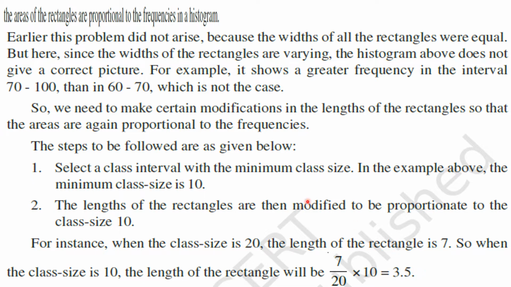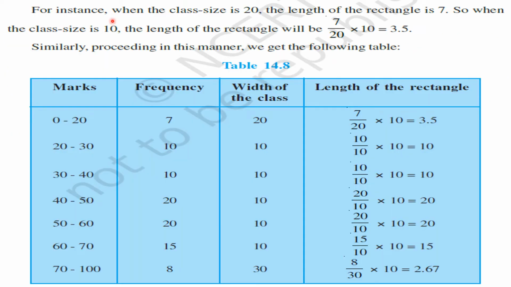Let us take an example to construct a histogram with unequal class intervals. So, for instance, when the class size is 20, the length of the rectangle is 7. See here, this is the first class. Its class interval length is 20 and the frequency is 7.